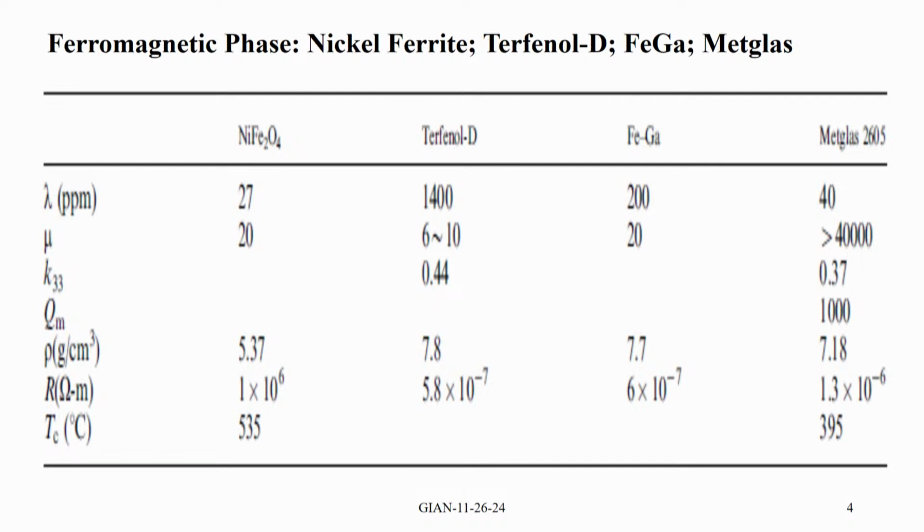On the other hand, galphenol is quite good, it is not susceptible to oxidation, it has a much higher magnetostriction compared to all the oxides. And metglas is also a very nice material to use for a variety of sensors, metglas and aluminum nitride. They are useful especially for magnetic field sensors.